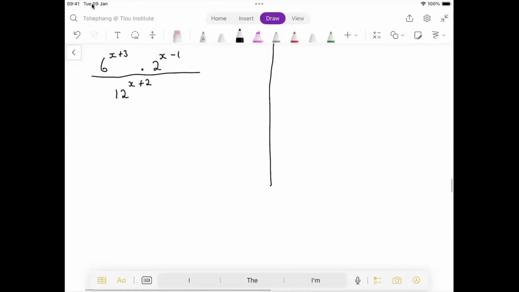Remember, whenever we're doing exponents, we need to look at the prime bases. So 6 is not a prime number. I'm going to change it to 3 multiplied by 2. There's still x plus 3, multiplied by 2 to the x minus 1, all over 12. 12 is not a prime. 12 is 2 squared times 3.